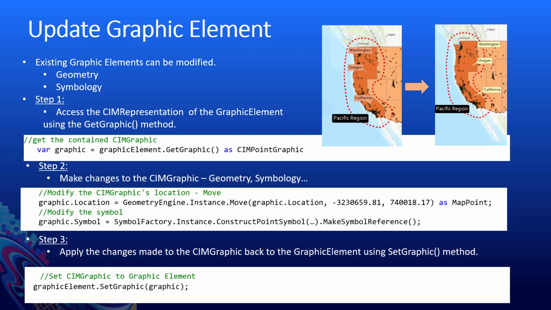I'm calling the geometry engine's move method to move the point by a certain distance. I'm also changing the point graphics symbol property and I'm setting it to a new symbol using the construct point symbol method on the symbol factory class. Finally, after I have made all these changes to the sim point graphic object, I apply these changes back to the graphic element using the setGraphic method. I'll be demonstrating this in the demo coming up.